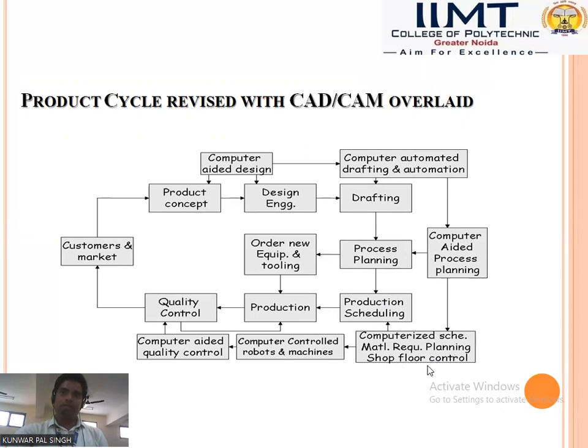Material requirement planning and flow control. Production is done with computer-aided quality control. So at every step of the product cycle, computers have been added. This is the product cycle revised with the use of CAD and CAM. So here we get a good quality product in a shorter time, and accuracy will be higher.